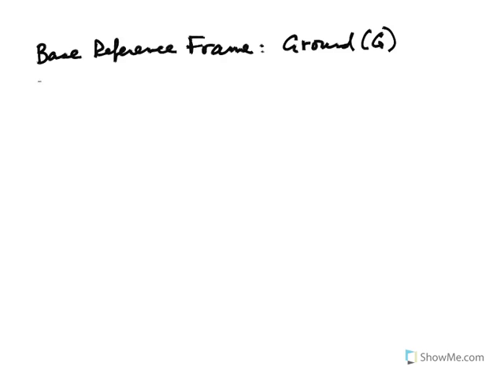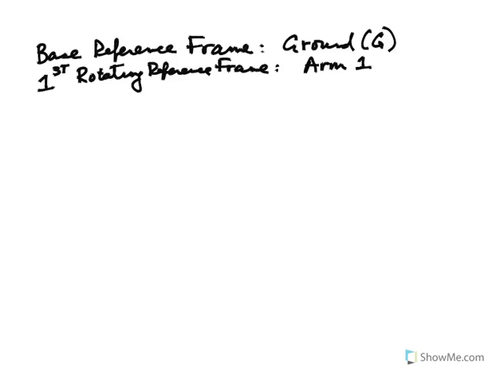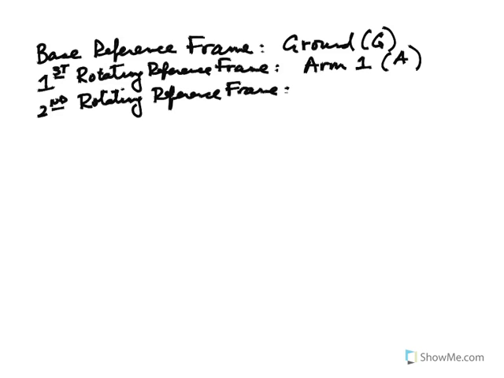So the first rotating frame is arm 1, which I'm going to call A. And then the second rotating frame is going to be arm 2, and I'm going to call that frame B.